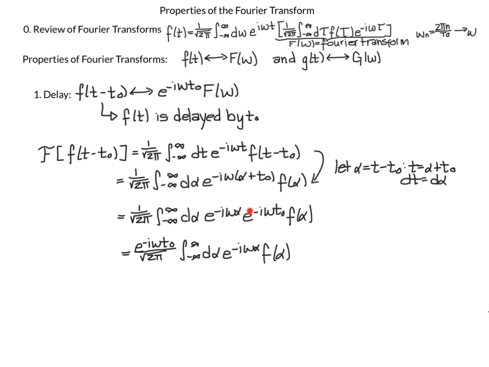This here now is a constant that I can pull out. And now the only thing to notice, see, this actually isn't too bad, is this part here is just the Fourier transform of f of alpha. So what we have is our final formula. The Fourier transform of f of t minus t naught is equal to e to the minus i omega t naught times our Fourier transform of our original function f of t.